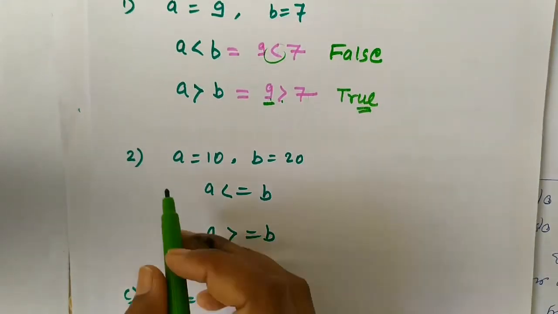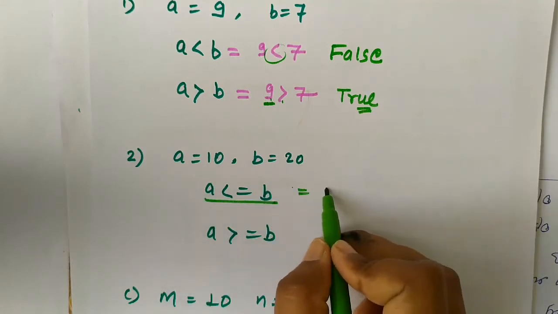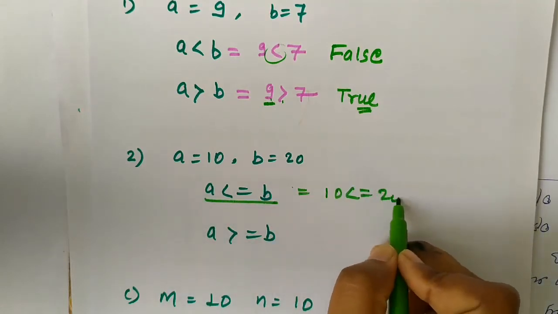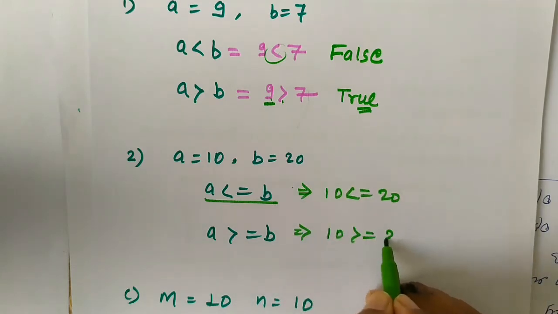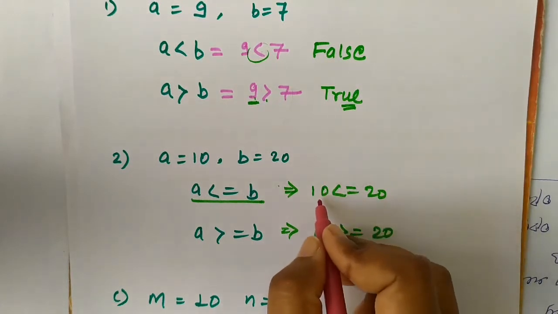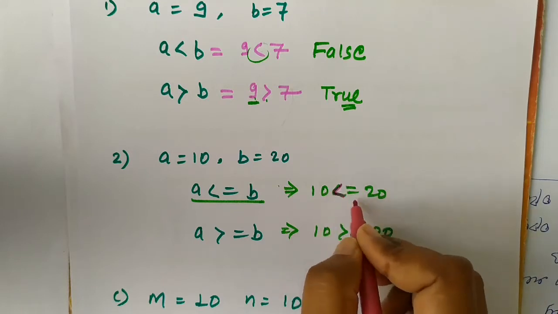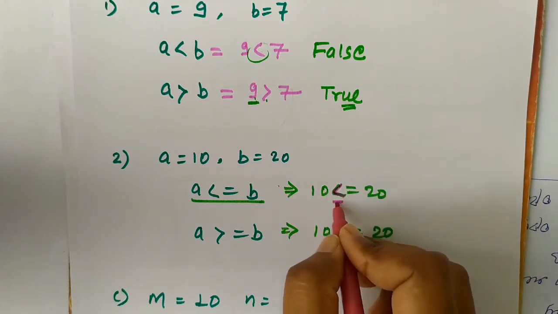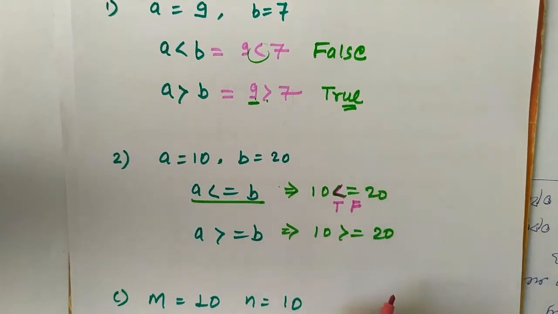Next, 10 and 20. Here, firstly we use 10 less than or equal to 20, or 10 greater than or equal to 20. Is 10 really less than 20? Yes, 10 is less than 20, so it is true, but equal to is false.